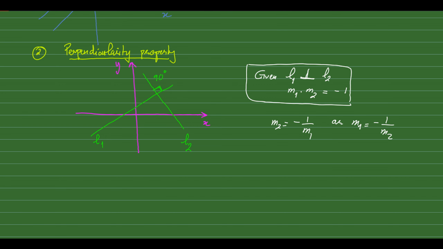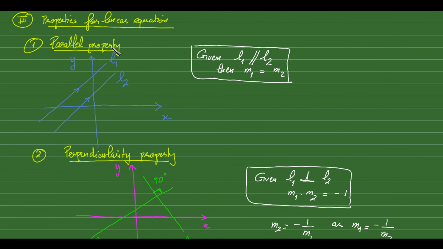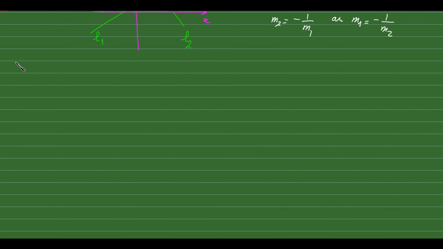All right. So how are we going to use the property here to write a linear equation? Let's start with our first example here.